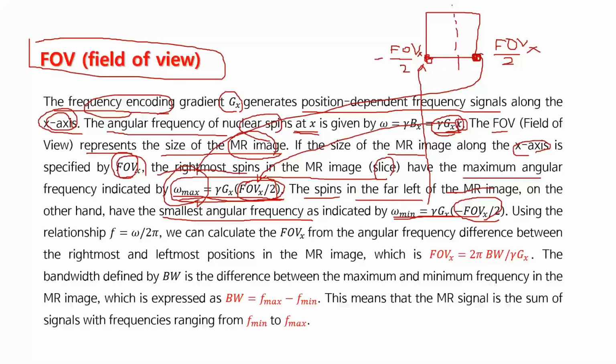Using the relation omega equals 2 pi f, we can calculate FOVx from the angular frequency difference between the rightmost and the leftmost position in the MR image, which is given by this relation.